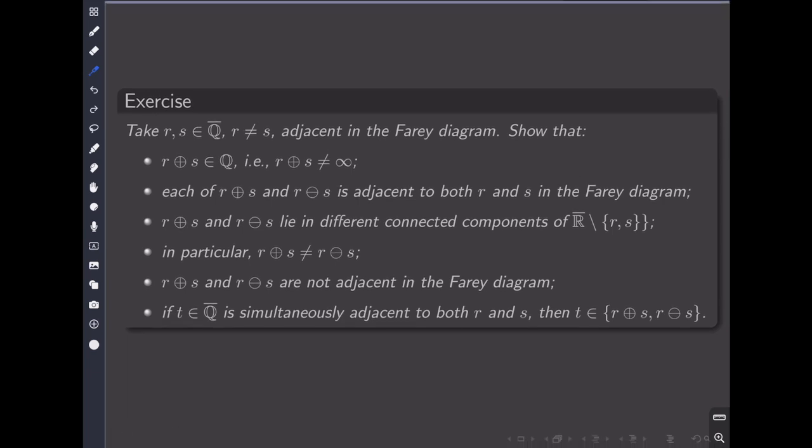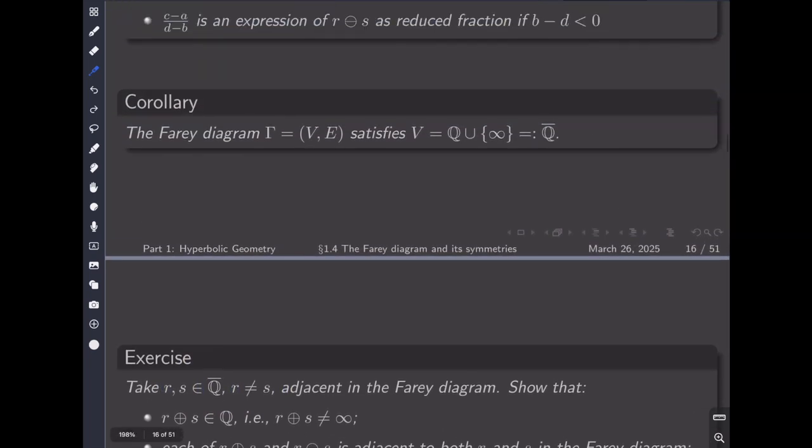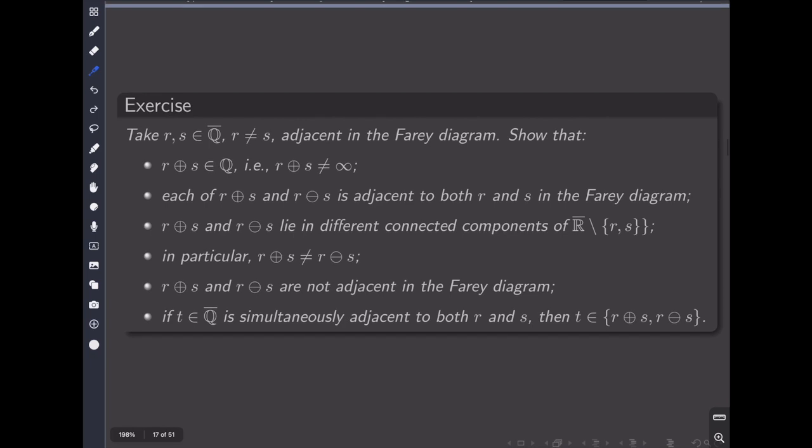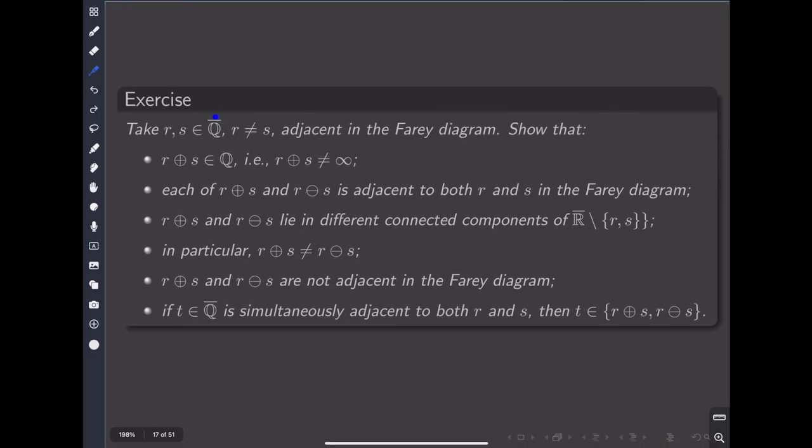Yeah. So maybe let me summarize what the exercise says. So take two different points of Q bar. Now Q bar, I'm not defining it as of course the algebraic closure of Q, but as Q union infinity. Okay. So it's more boring than the algebraic closure of Q. So take 2 points there, distinct, and well, of course, the naive addition is a rational number, even if one of them is infinity.